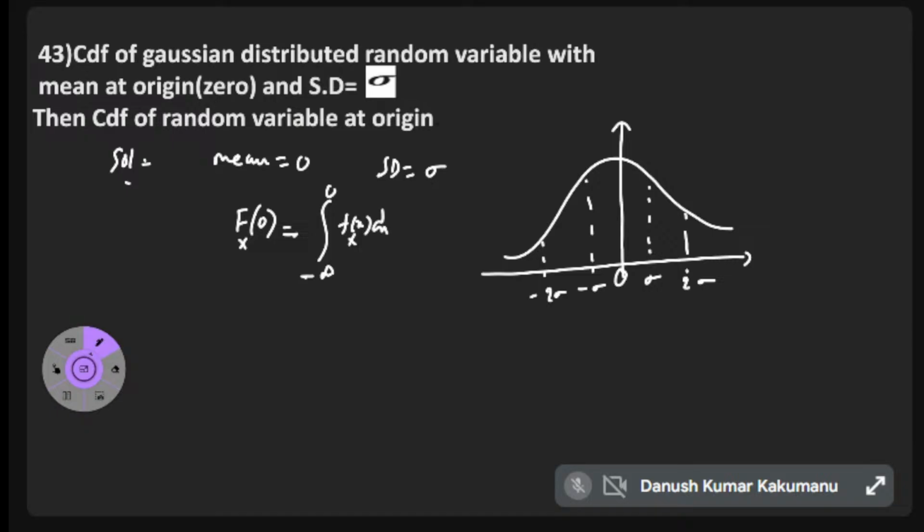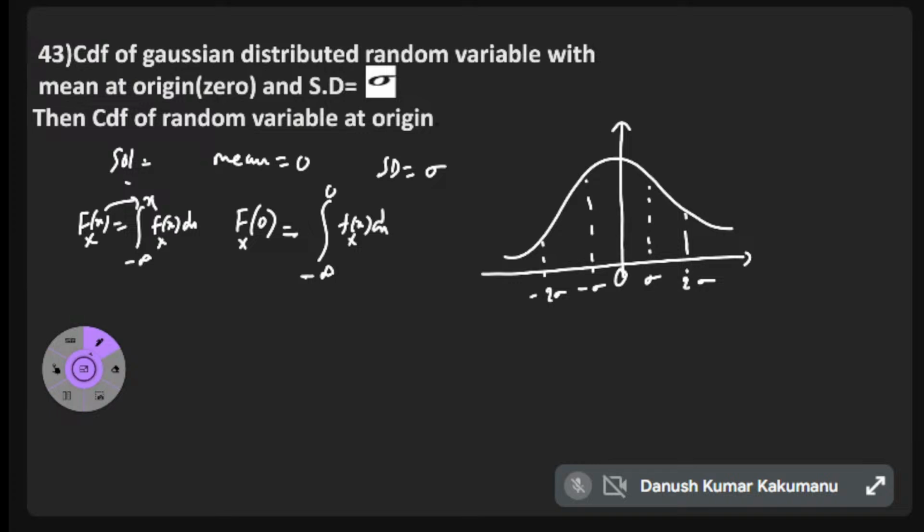The CDF formula once again I am going to write here: the integral from minus infinity to x of f of x dx. This x is always the upper limit. Clear to all of you?